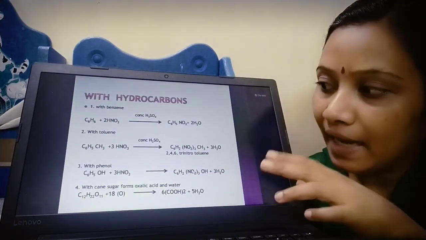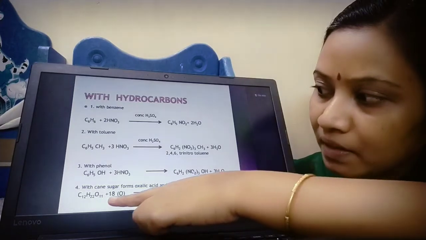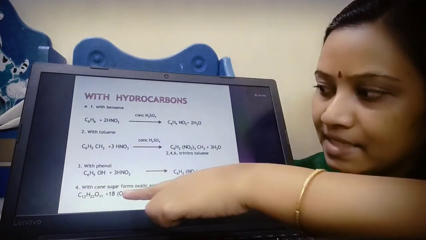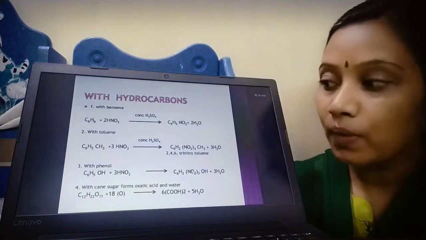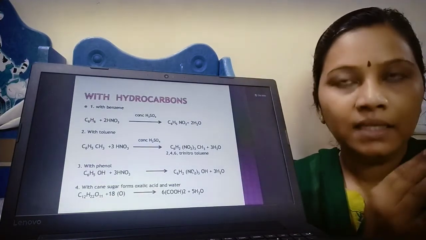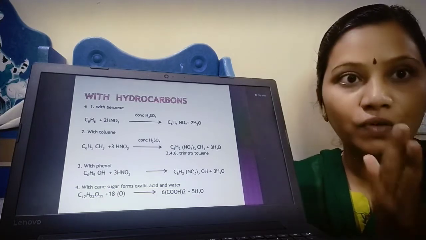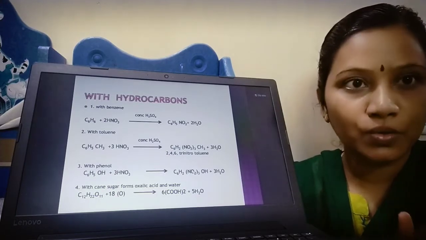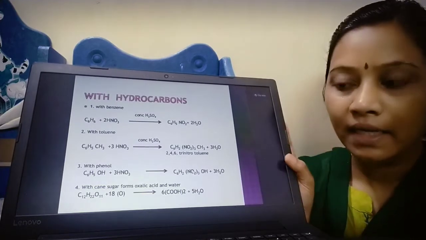Now, for example, if I add nitric acid to cane sugar, C12H22O11, you know the structure of benzene, you know the structure of glucose, fructose, maltose. In the same way, this is the formula for cane sugar.